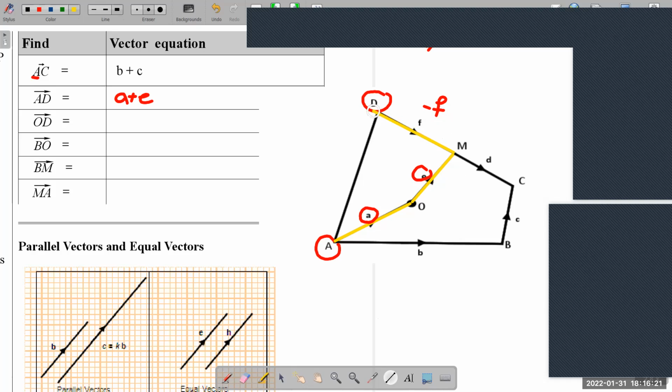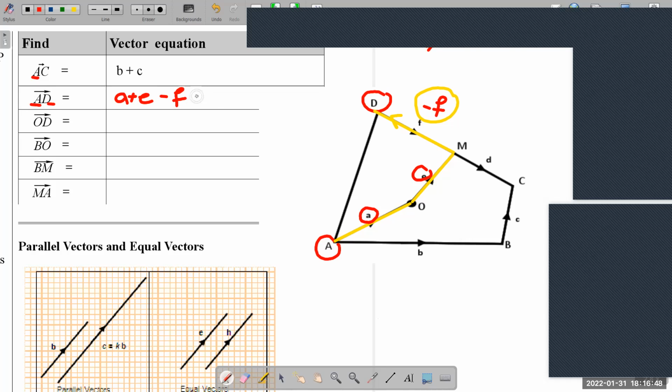I'm going in this direction, which is the opposite direction of F, which would give me negative F. So I'm going to write minus F. Everybody with me? That is how you write your vector equation. You look at the vector notation that tells you the beginning letter, the ending letter, and you follow along the path until you get there.